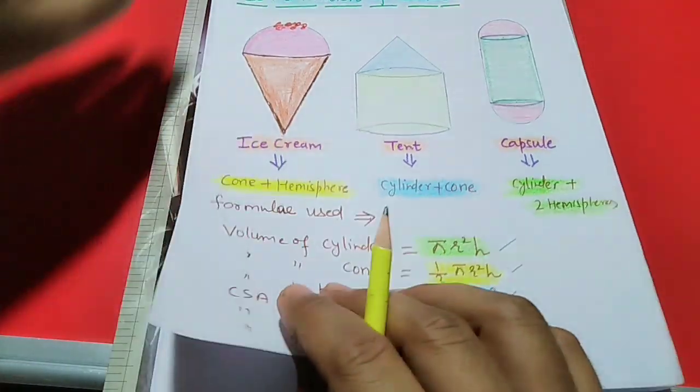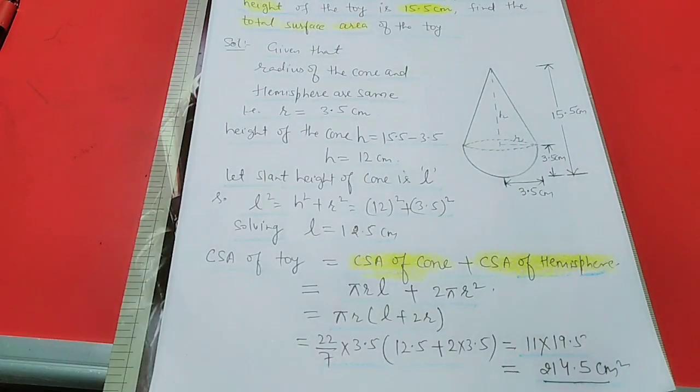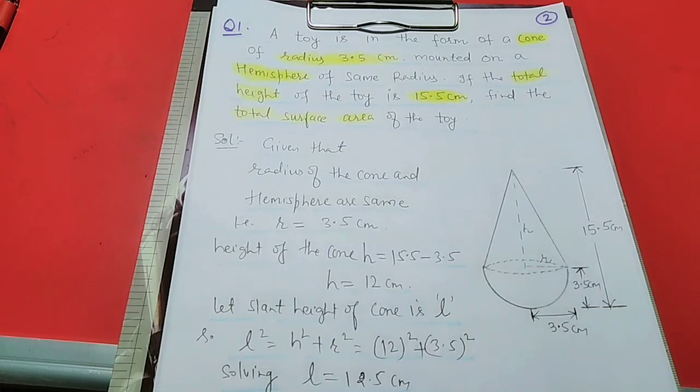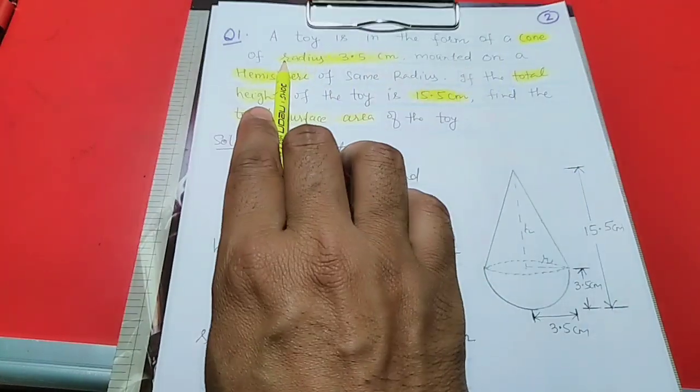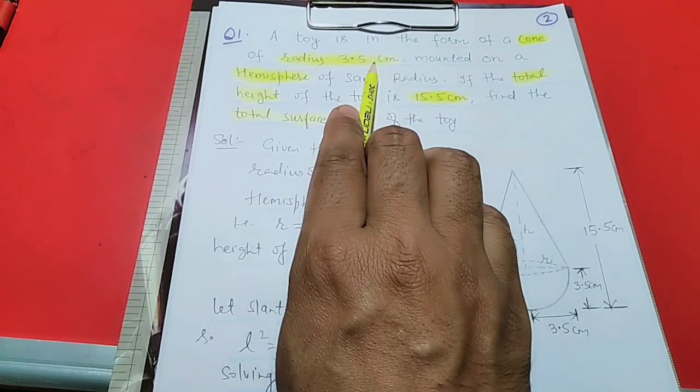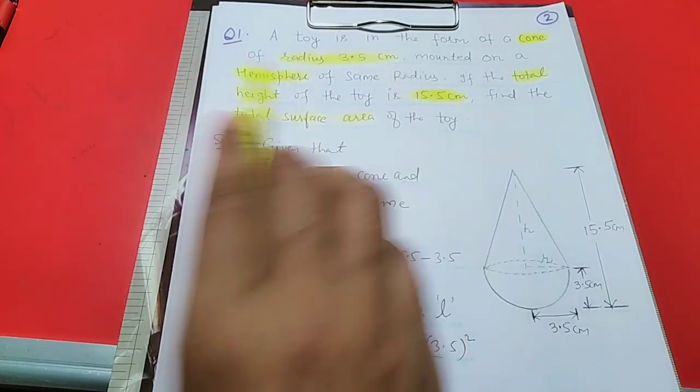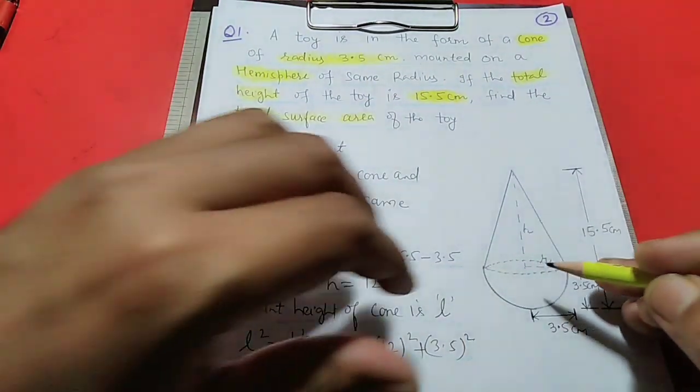So, going towards the questions, what type of question will we have to face? This is the first question. It is given that a toy is in the form of a cone of radius 3.5 centimeter mounted on a hemisphere. So what type of solid do we have?